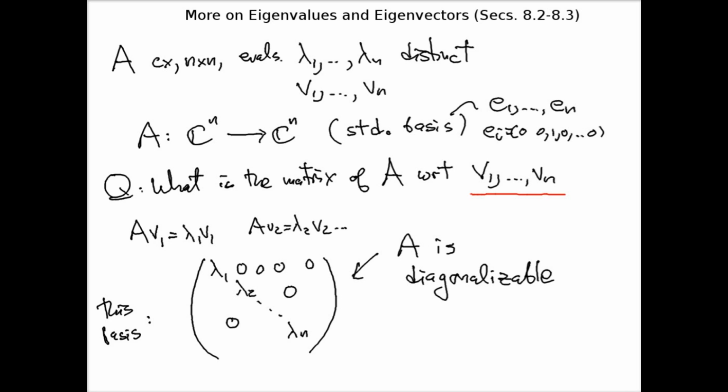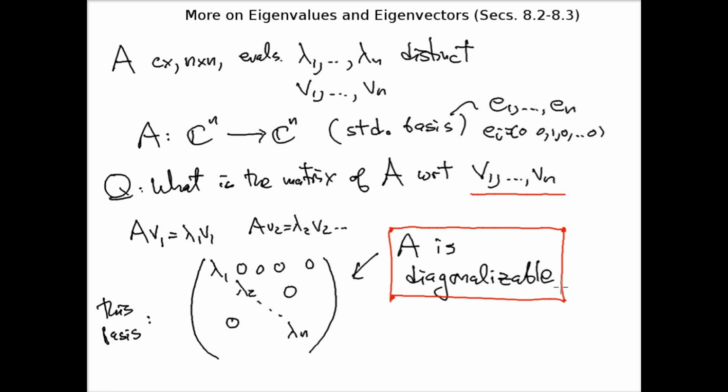So way back at the beginning, I was saying that diagonal matrices are the nicest, and well, a matrix doesn't have to be diagonal to be nice as long as it's diagonalizable. It's nice because then if you just choose the appropriate basis, you can make it diagonal. And that's something that we do a lot.